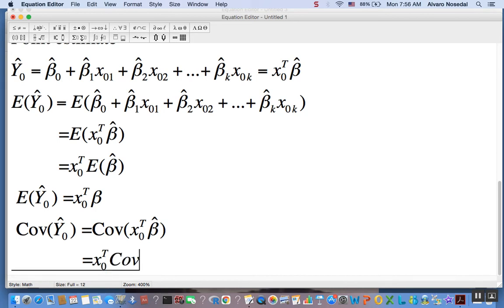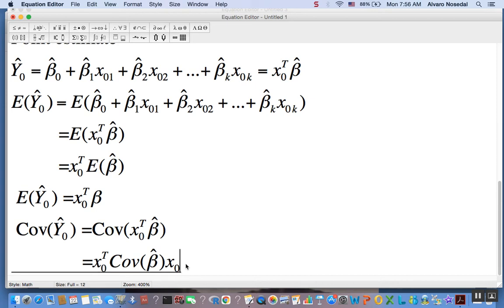Covariance of beta hat, and we have the transpose of that guy, which is just going to be in the end x0. Are we good?